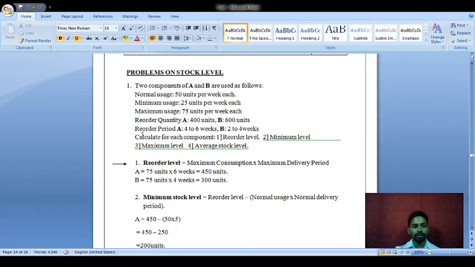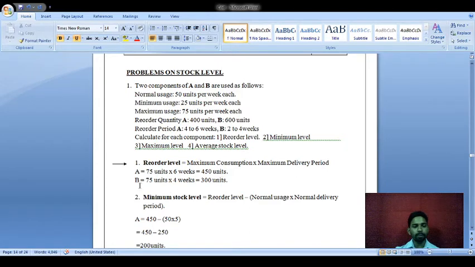The reorder period for A is 4 to 6 weeks, so 6 is the maximum delivery period. So 75 units into 6 weeks is equal to 450 units.